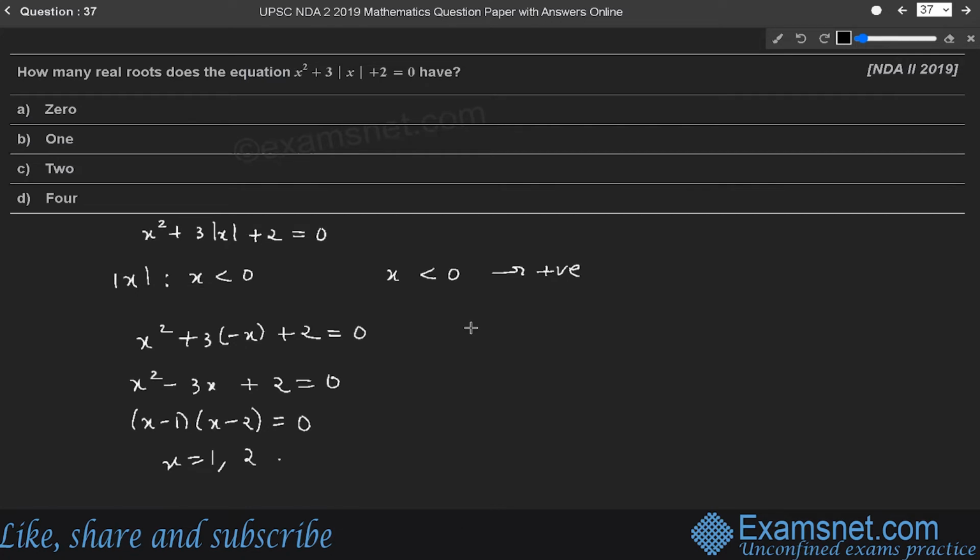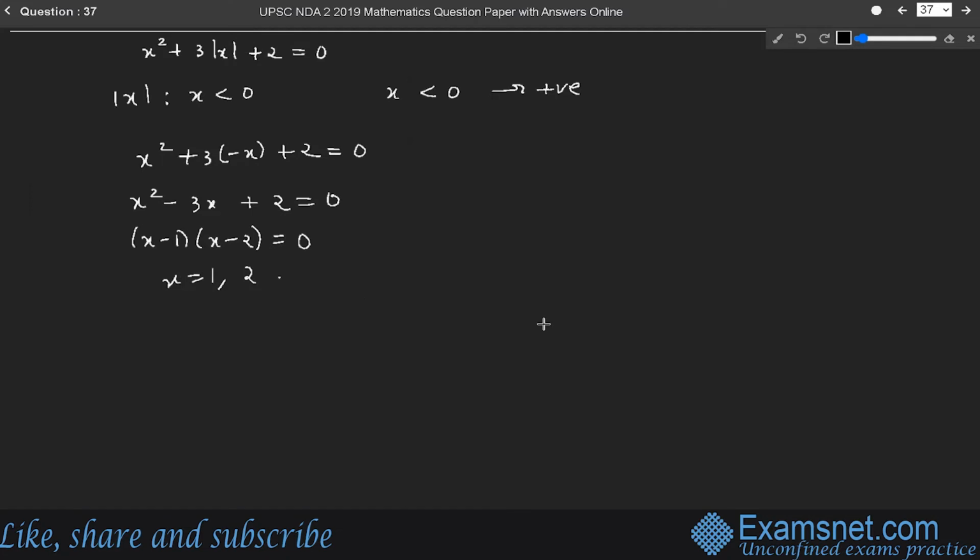But x is equal to 1 and 2 does not satisfy the condition x is less than 0. Now for x is greater than 0, x square plus 3x plus 2 will be equal to 0.